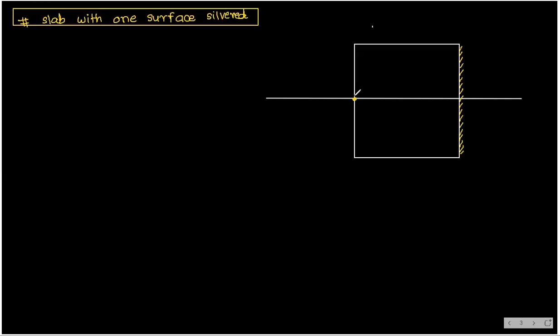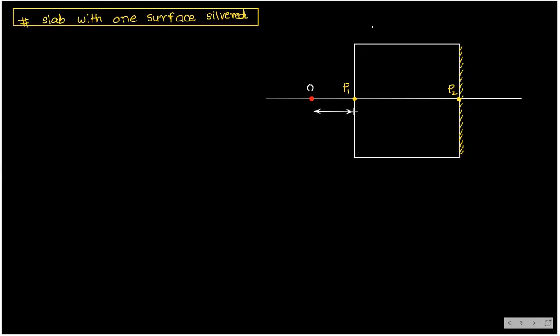Now this point is P1. This point is P2. P1 and P2. Right. Now the red color dot, can you see? This is the object O. And suppose it is at a distance x from P1.